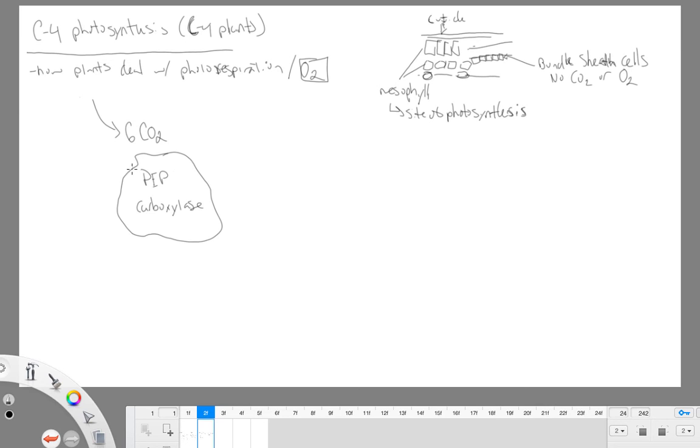Carboxylase. Right? So it is not that Rubisco. And what is first being combined with our CO2 is PEP. And PEP stands for phosphoenolpyruvate, right?